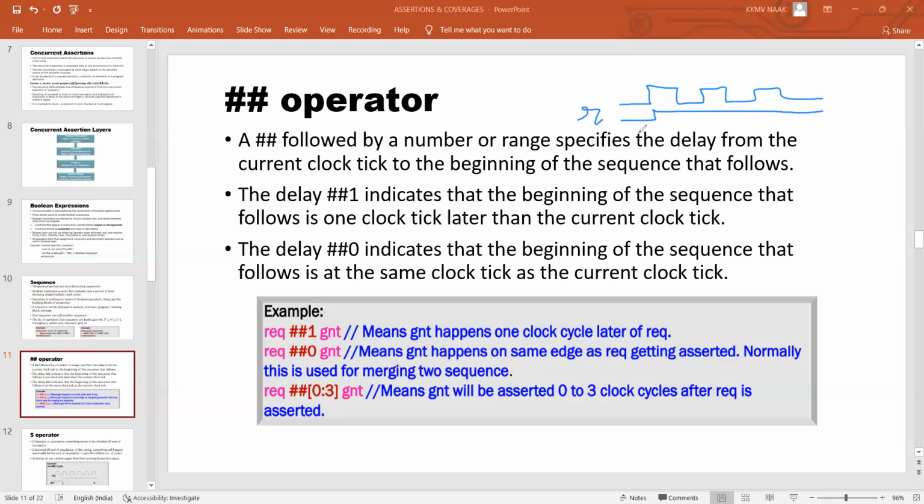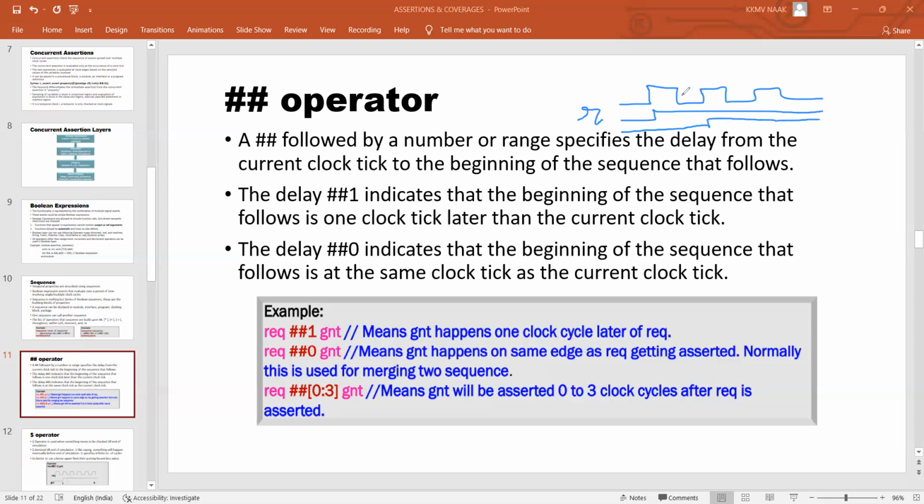And according to the first condition, after 1 clock cycle delay, your grant should be high. It means when your request is high in this clock cycle, in the next clock cycle your grant should be high. So this is your grant signal. After 1 clock cycle, your grant is high.